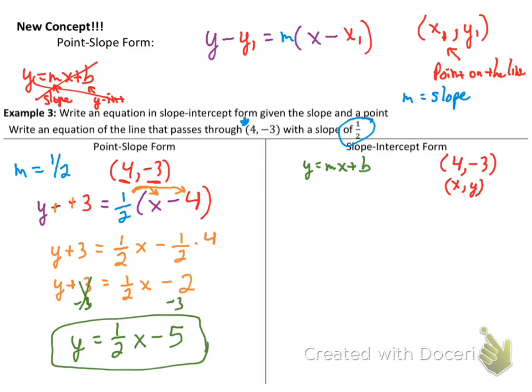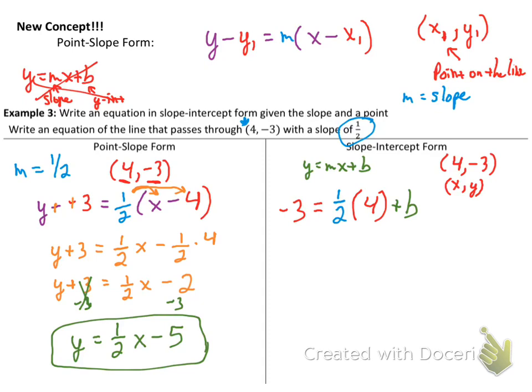So I know the y coordinate is -3, so let's plug that in for y. I know the slope is 1/2, so let's plug that in for m. I know the x coordinate of my point was 4. The only thing I don't know is the y-intercept, so I'm going to keep that as my variable b.